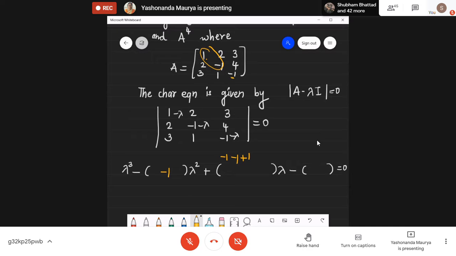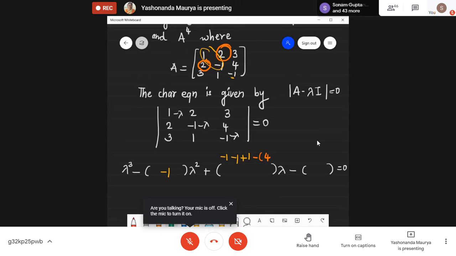What is this here? These elements. So what do we get? Minus, we'll have 4. And now we'll multiply these elements. We'll get a 9. Then we'll multiply this element, so plus 4.